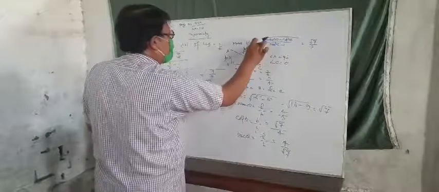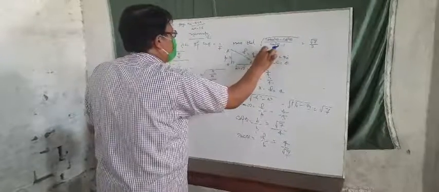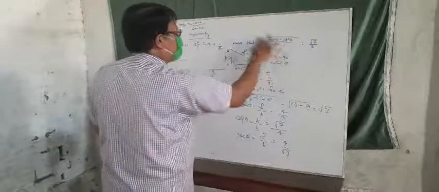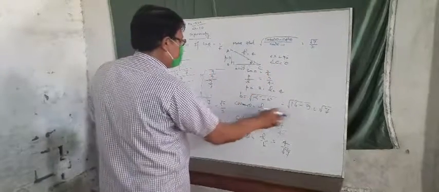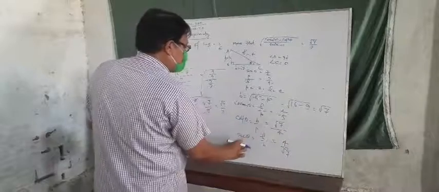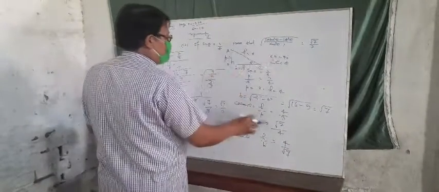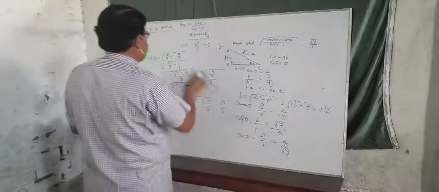Here cosec theta, cot theta and sec theta are involved. We will find the value of cosec theta, cot theta and sec theta. Now we will put the value of cosec theta, cot theta, sec theta in LHS.